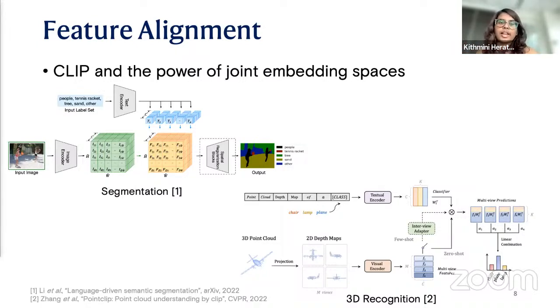So you can use a slightly modified version of the CLIP model again to align these depth maps with the text so that you can recognize 3D objects. This is prior work that shows the power of embedding spaces: even though the initial model was looking at just images and text, you can go beyond and do other downstream tasks as well.